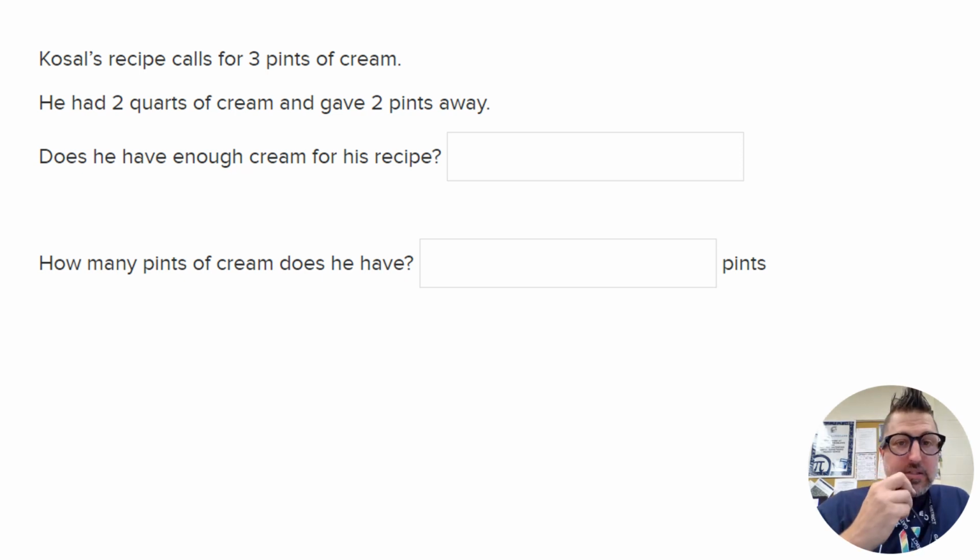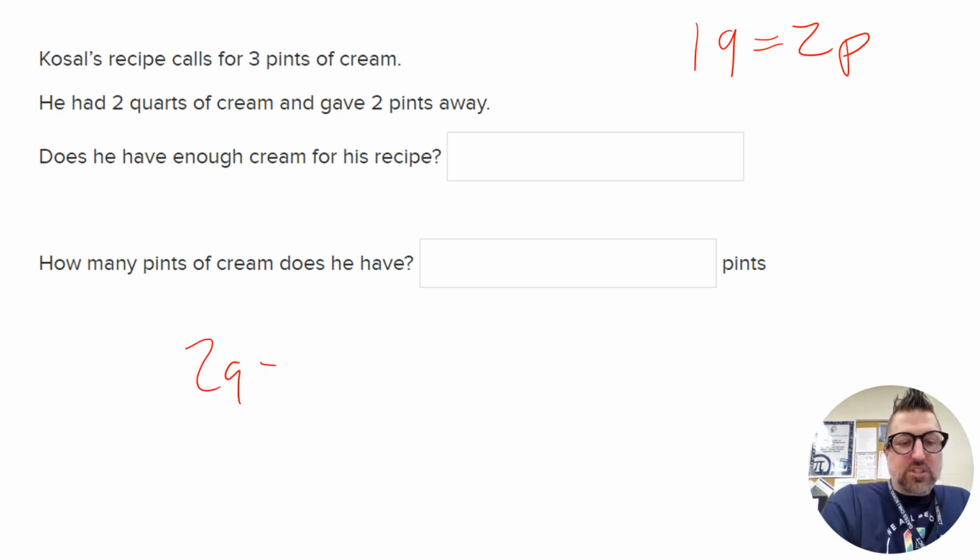All right, so in order to do this conversion, I have to remember from my very last one that 1 quart is 2 pints. So 1Q equals 2P. So in order to go from quarts to pints, I double it. Okay, so 2 quarts is then going to equal 4 pints.